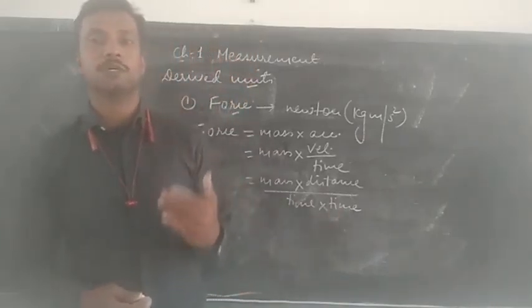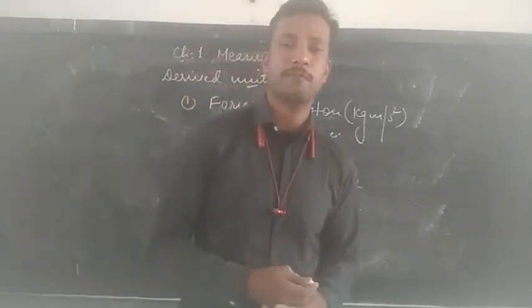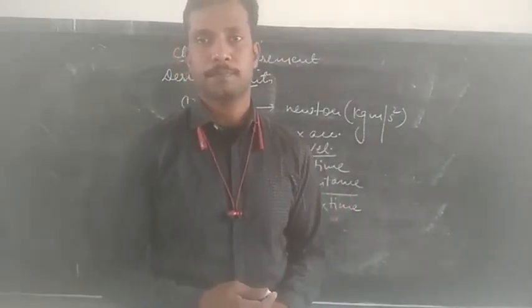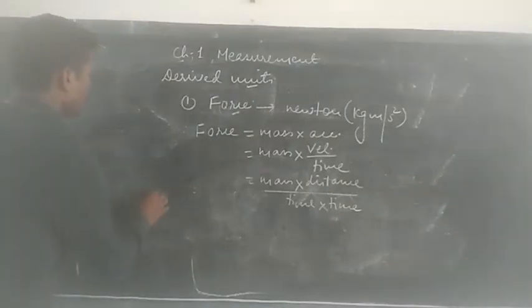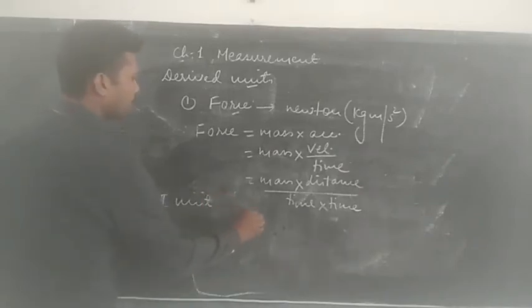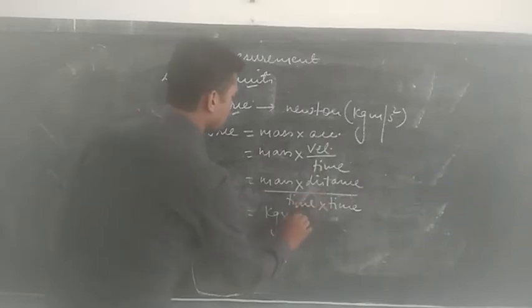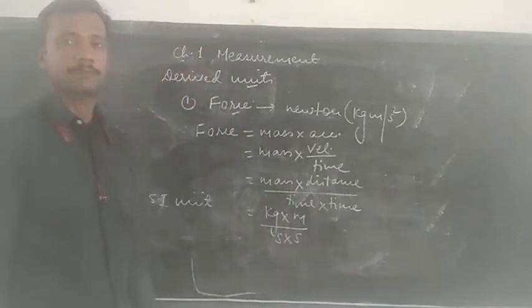Once you come to the fundamental quantities, our last step will be to put the respective fundamental units. Please see. So you will get the SI unit now. SI unit of force will now become: mass is kilogram, distance is meter, time is second. We have 2 seconds there.